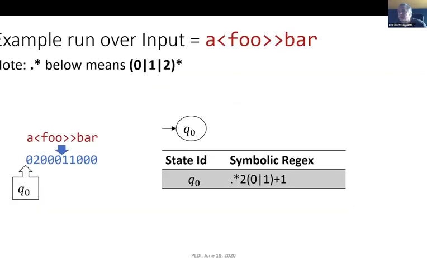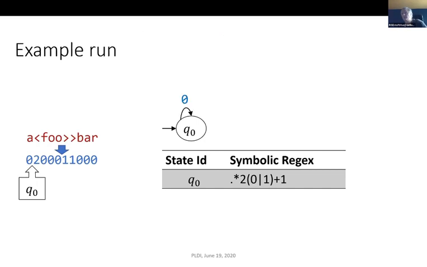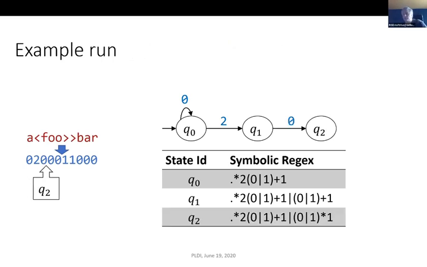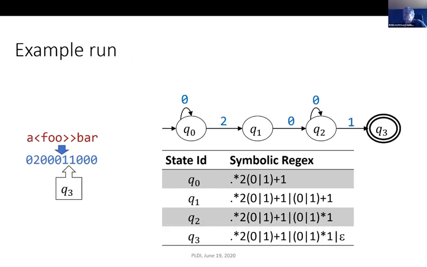So in particular, if we start here and run this example incrementally, we would see how that happens. We have initially state Q0, read 0. We enter into state Q1, with input 2 and 0 to Q1, Q2, and then Q2 loops, and then goes to Q3, which is the first time we enter a final state.